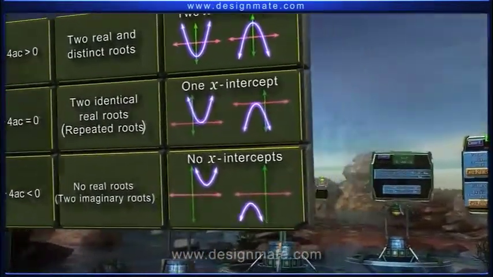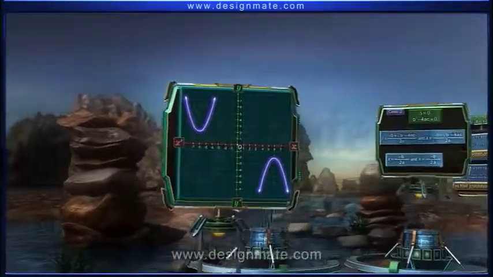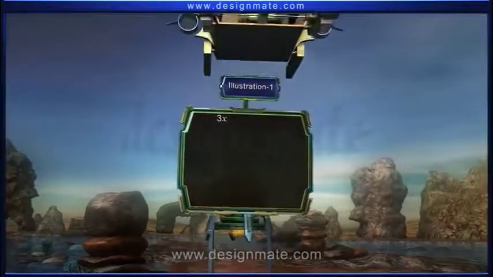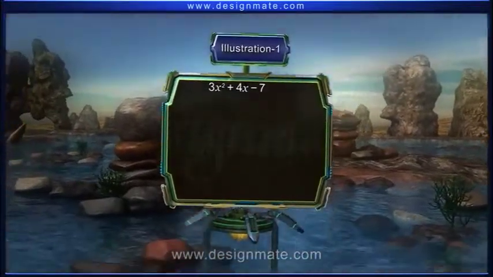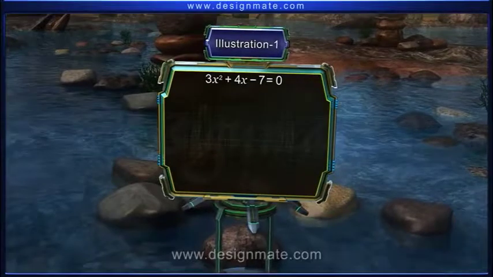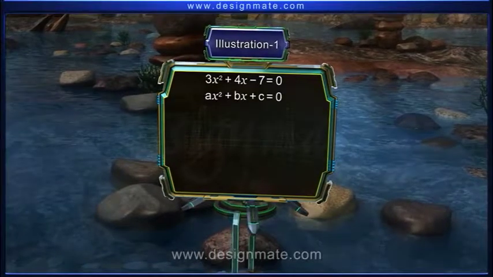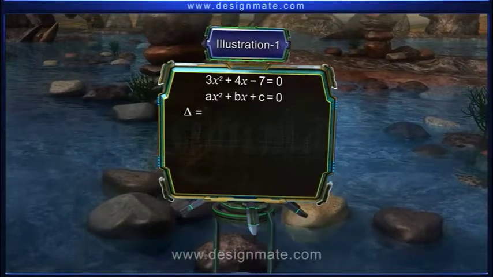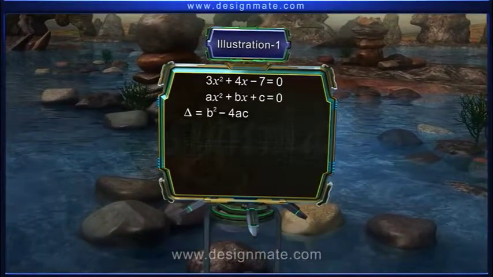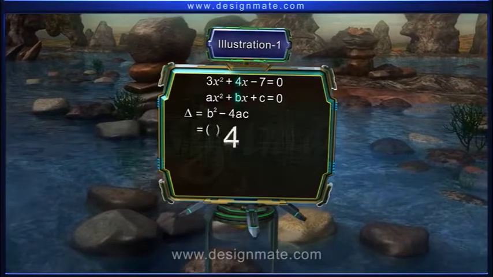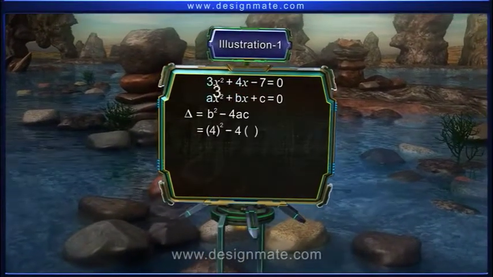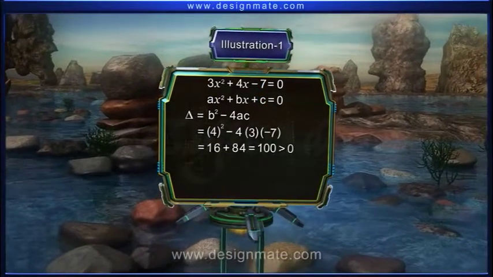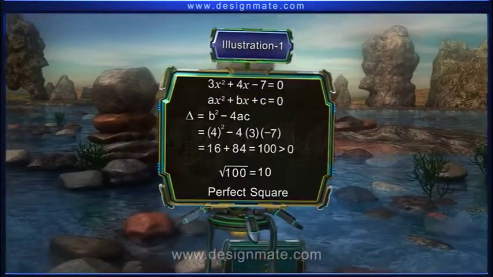Let us consider a few illustrations. To know the number and types of roots of the equation 3x² + 4x - 7 = 0, we will just calculate the discriminant. Delta = b² - 4ac = 4² - 4 × 3 × (-7) = 100, which is greater than 0 and is also a perfect square.